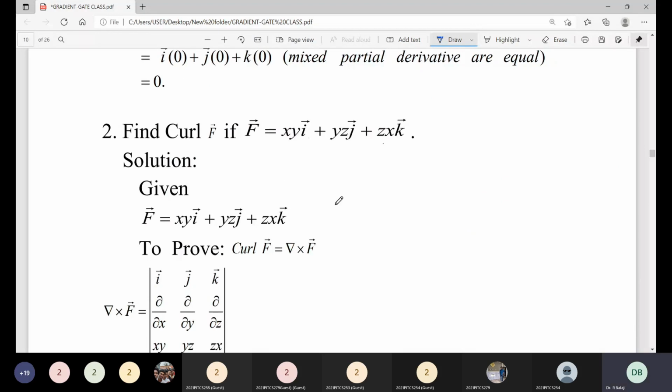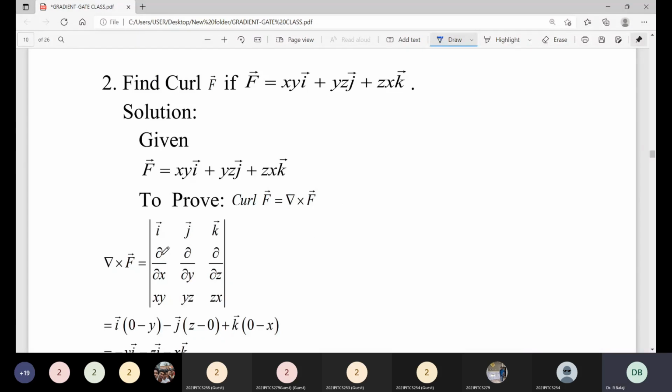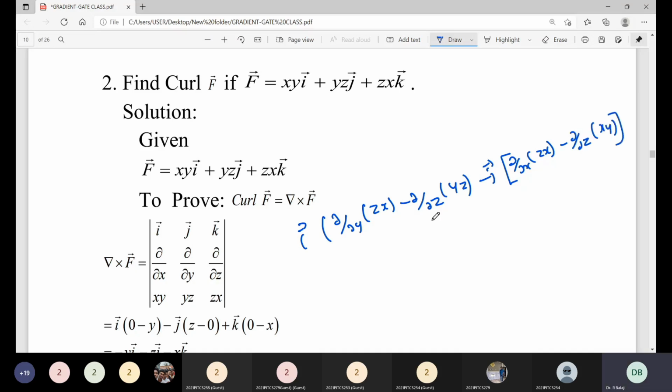To find curl f, which is del cross f: i vector, j vector, k vector; ∂/∂x, ∂/∂y, ∂/∂z. i vector into ∂/∂y of zx minus ∂/∂z of yz, minus j vector into ∂/∂x of zx minus ∂/∂z of xy, plus k vector into ∂/∂x of yz minus ∂/∂y of xy.